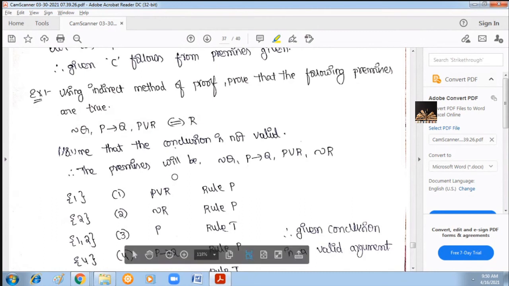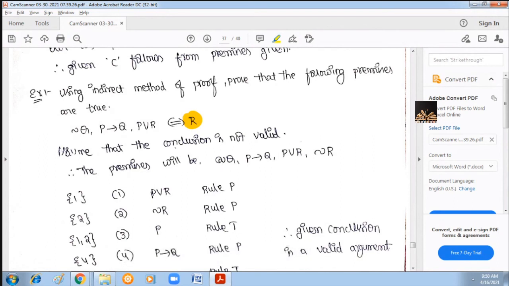You will take the negation of your conclusion as a new premise. So three are the given premises and negation R is your assumed premise, that is the negation of your conclusion, right?